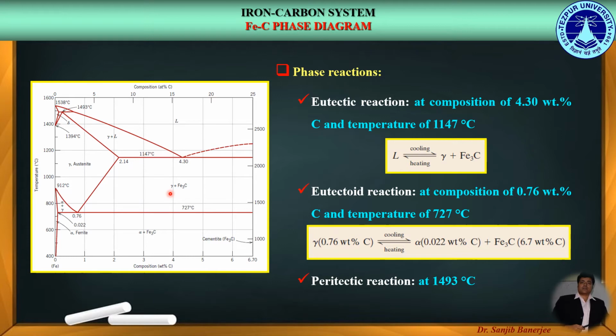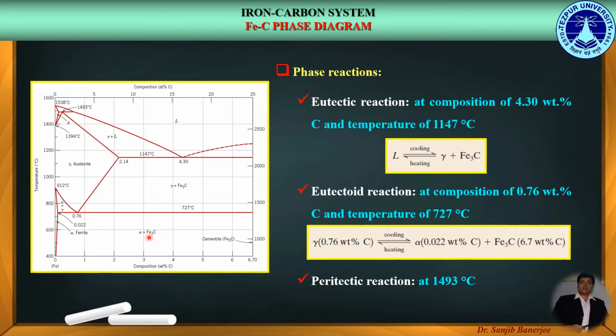The second phase reaction is a eutectoid reaction at a composition of 0.76 or 0.77 weight% of carbon and eutectoid temperature of 727 degree centigrade, where the austenite phase of eutectoid composition, 0.76 weight% of carbon, on cooling gets transformed into two solid phases of ferrite plus cementite.